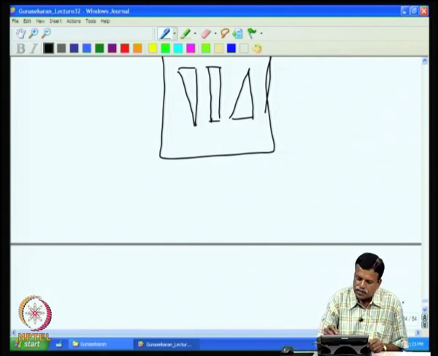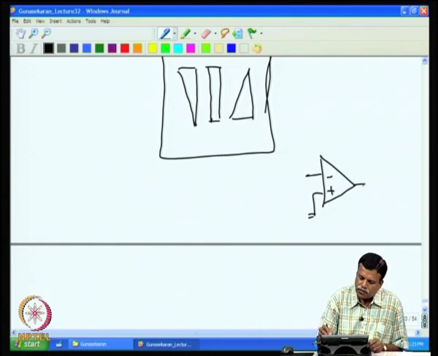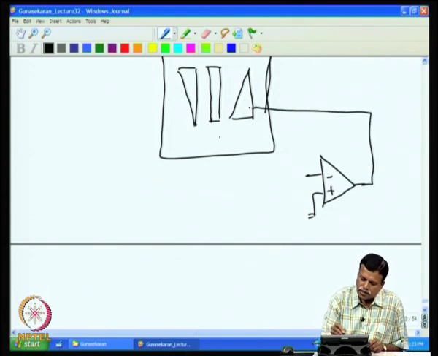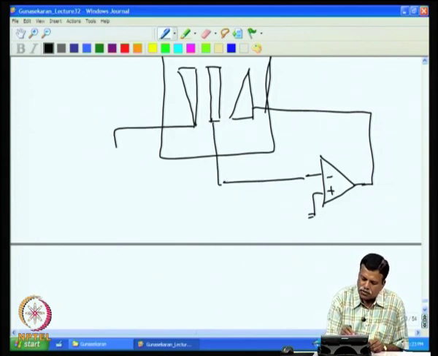So, the amplifier is done like this, that is you have an amplifier, and we have a ground here. Now, the output minus is connected to this, then the sense amplifier is connected to this, and this is connected to the source.